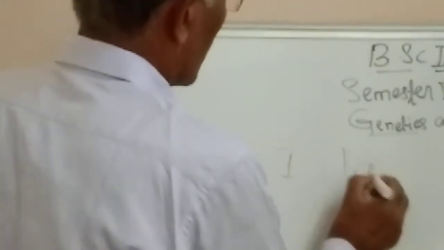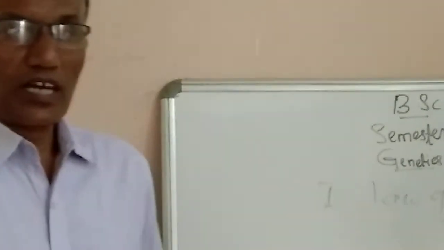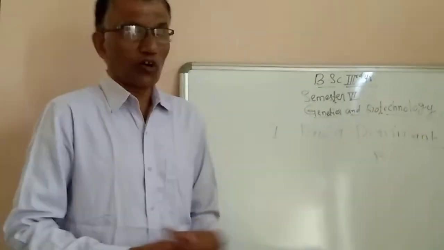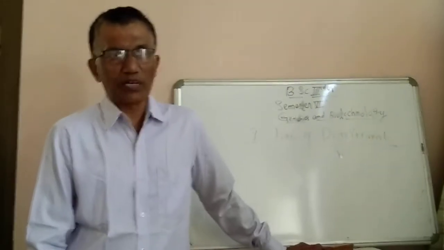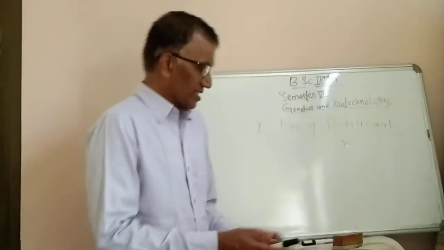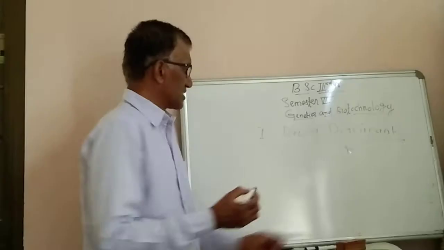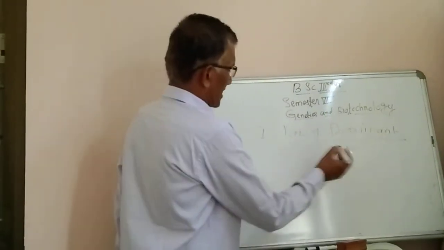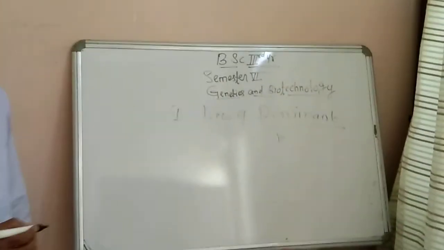As we know, to prove the law of dominance, Gregor John Mendel took a monohybrid cross into consideration, that is, a single pair of contrasting characters in pea plants.